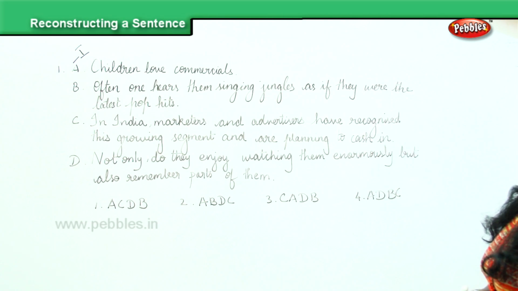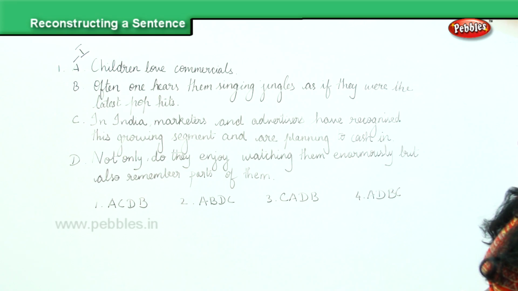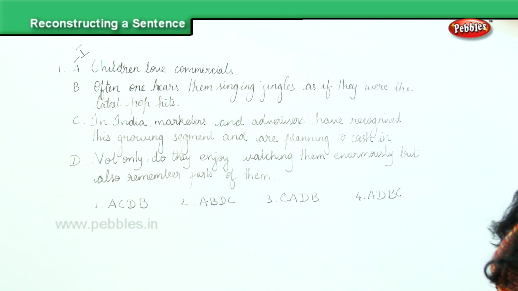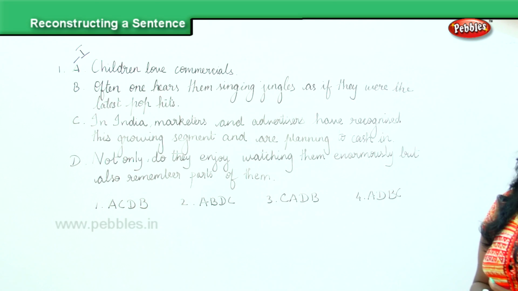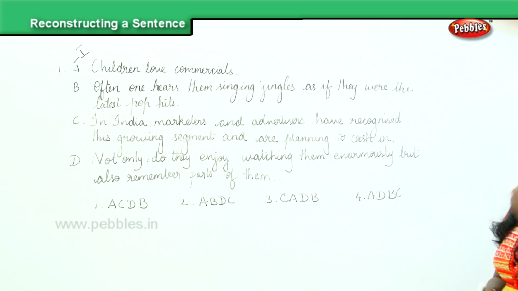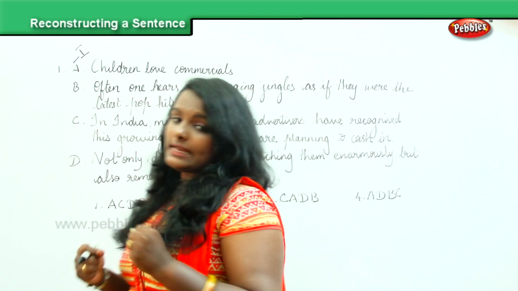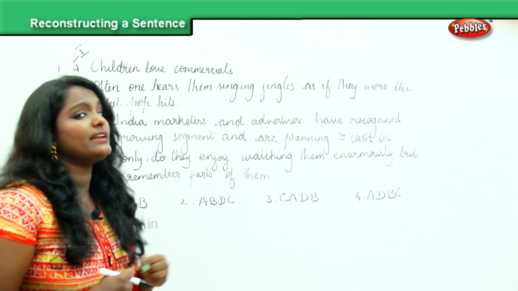Now take the other 3 lines, read them and see which one can be the second line. Often one hears them singing jingles as if they were latest pop hits. In India, marketers and advertisers have recognized this growing segment and are planning to cash in. Not only do they enjoy watching them enormously, but also remember parts of them. Now, forget about option C, because option A, B and D speak about the love or the craze that the children have on the jingles and commercials.